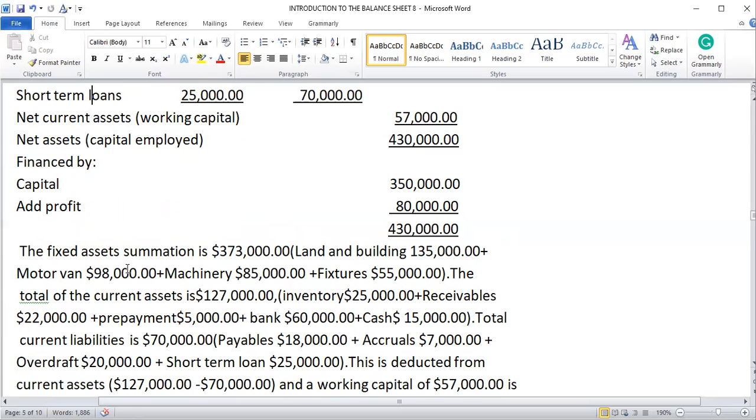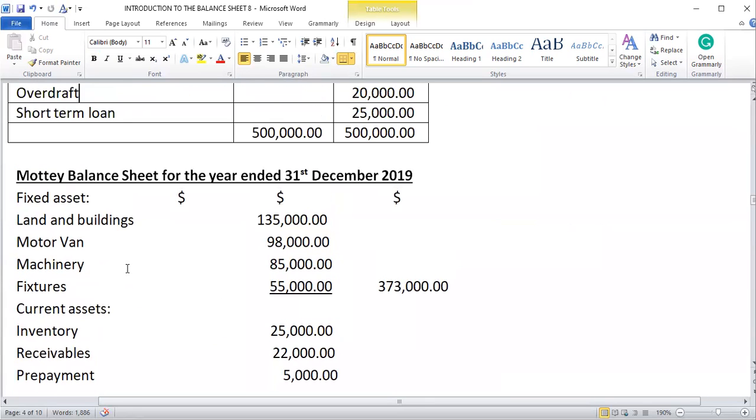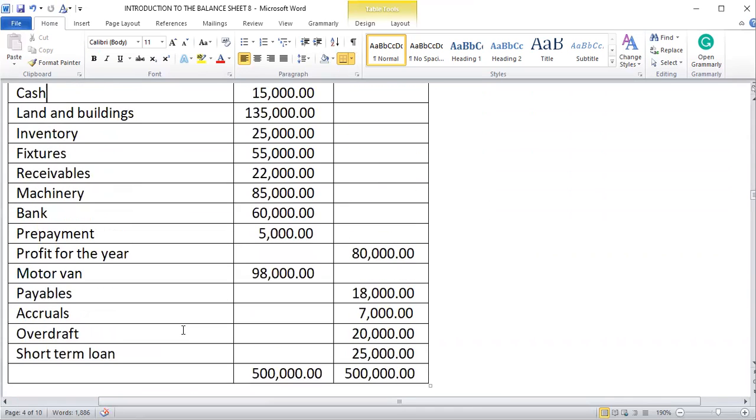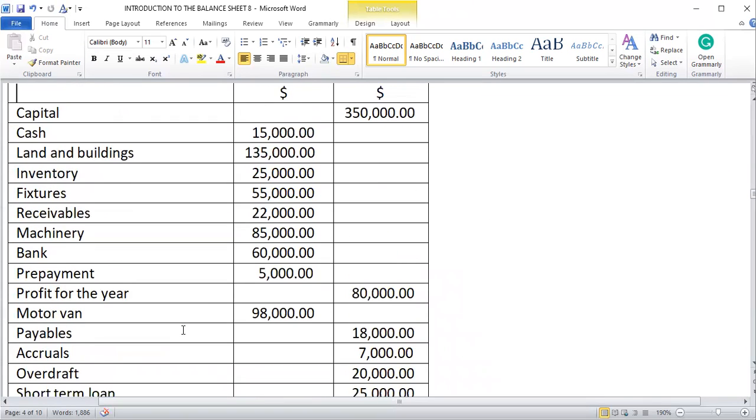So let us go and look at the motor van, $98,000, with the same thing here.